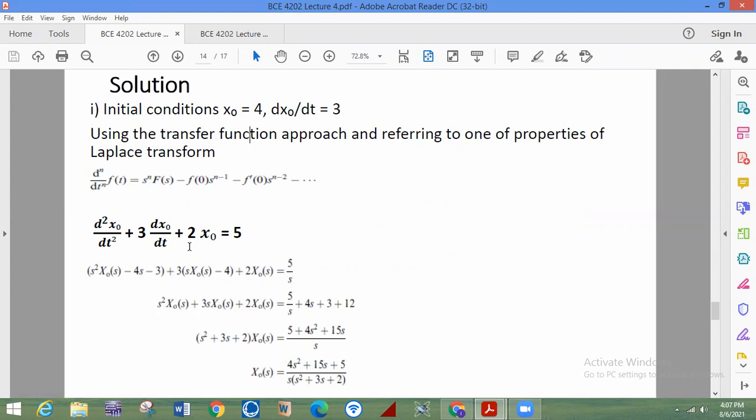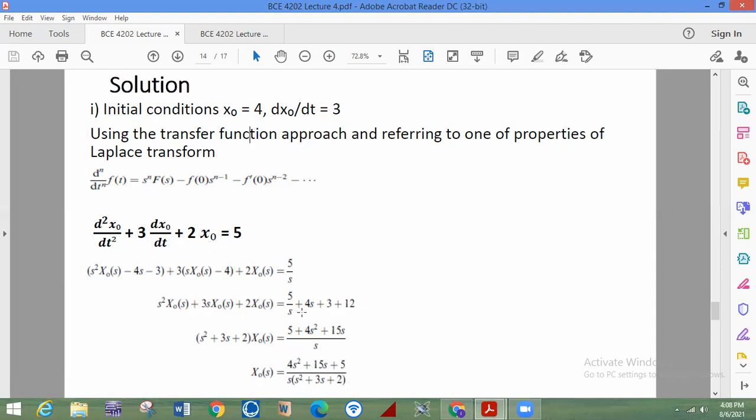Then after getting this, surely you should be able to rearrange and come to this equation. Then you do further rearrangement and get this. Then finally you get X naught of s equaling to 4s squared plus 15s plus 5 over the whole of this.